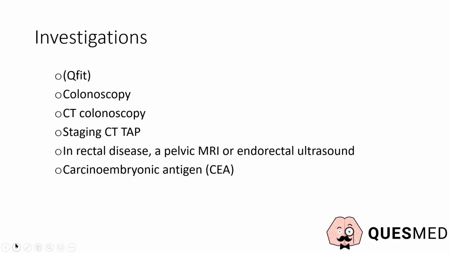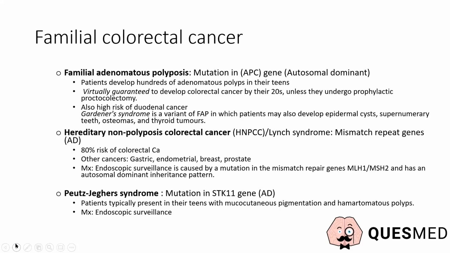And next slide. So here's a wee bit about the conditions which may predispose you to developing colorectal cancer. So familial adenomatous polyposis is caused by a mutation in the APC gene, and approximately 80% of cases are inherited in an autosomal dominant pattern. These patients typically develop over 100 colonic adenomas, and patients at risk are offered an annual flexible sigmoidoscopy from age 15.